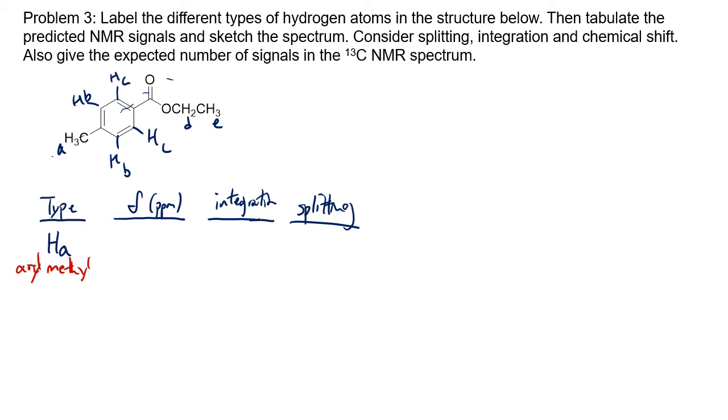If you look at your table, aryl methyls typically show up at around 2.3 ppm. And because there are 3 of those, we'd expect an integration of 3. And the splitting, because there are no neighbors, we expect a singlet.